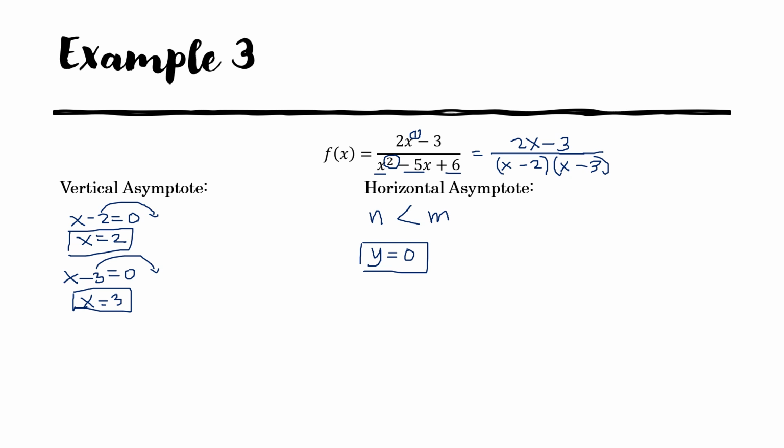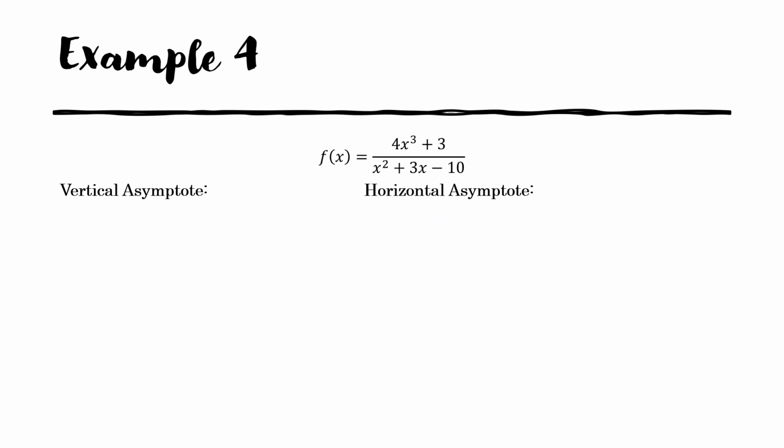Next, so we have here the last example. Take a look at the rational function again: x raised to 3 plus 3, and the denominator is x raised to 2 plus 3x minus 10. Again, I'm going to factor out the denominator because I know that I can factor this out.